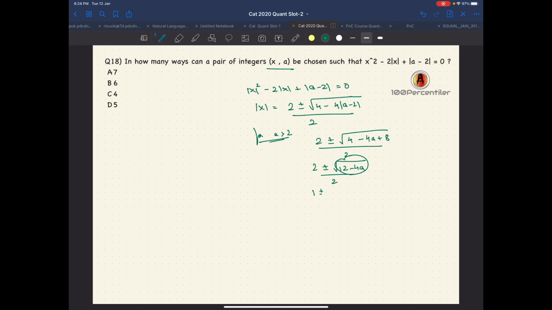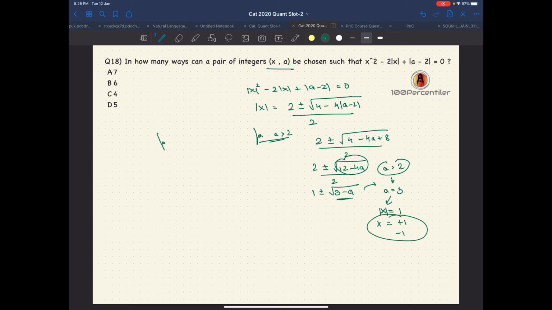So we can further simplify first. This has 3 minus a. Now as a is greater than 2, a has to be 3, otherwise this will become negative. Now for a equal to 3, we have x equal to 1. Mod x equal to 1, and therefore x can be plus 1 or minus 1 here.